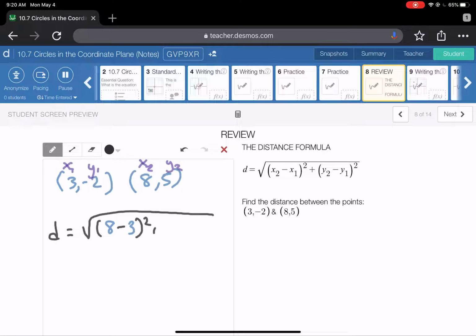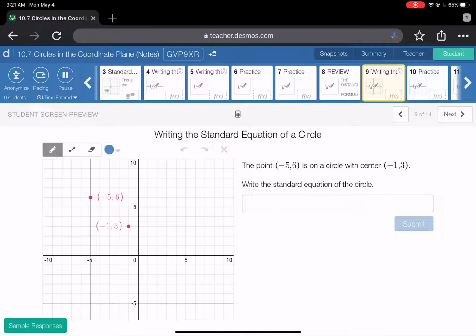And this is going to look a lot like the equation of a circle, and that's the purpose, because the equation of a circle derives from the distance formula. So then we're going to have 5 minus y1, which is -2. And then you would solve this out to find the distance. So we're going to go ahead and do that for this next example here.